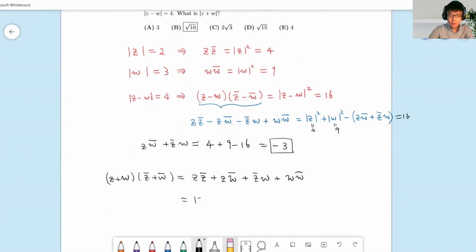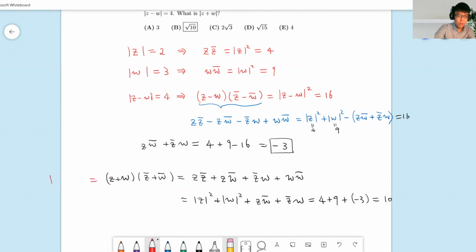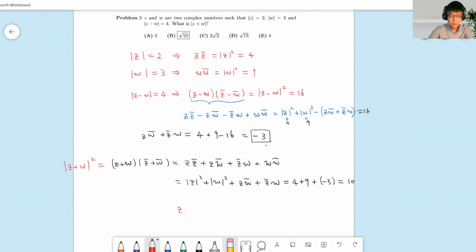Right, so we have this equals modulus z square plus modulus w square plus z w bar plus z bar w. And this equals 4 plus 9 plus minus 3. So we know this equals 10. And we also know that this equals the modulus of z plus w, squared. So combining this, we see that z plus w has the modulus equals root 10. So the answer here is root 10.